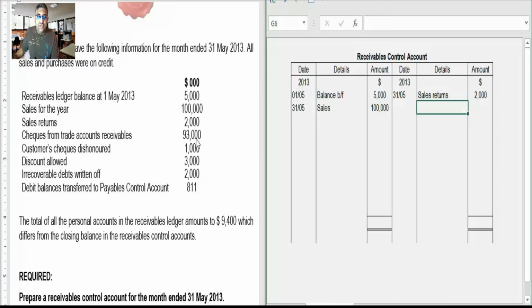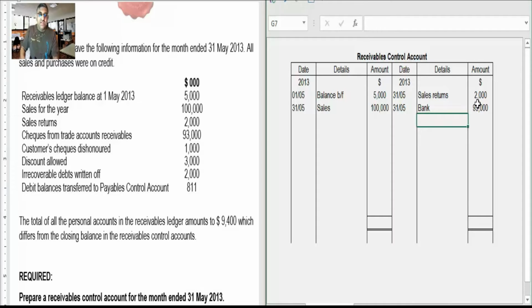These are amounts received from the credit customers of $93,000. So again, we credit the control account by $93,000, dated the 31st of May. We can put back here the amounts were received by check, so we put in the bank details.